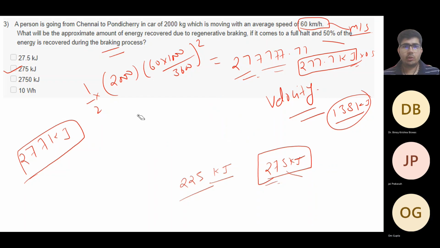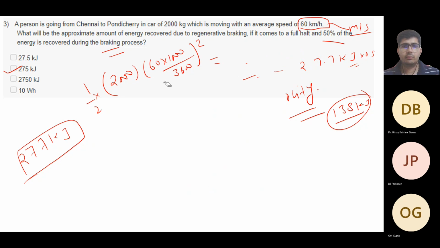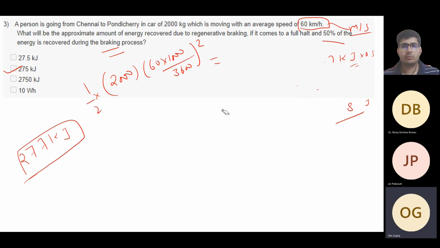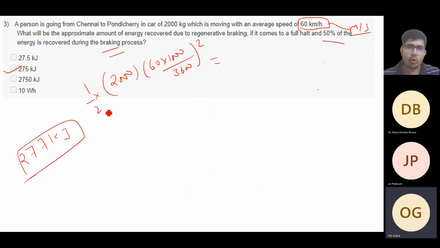Just do the unit balance, then I think you can answer. Try to do the unit balance. What is the reason for that? Is there any other formula linked to this?